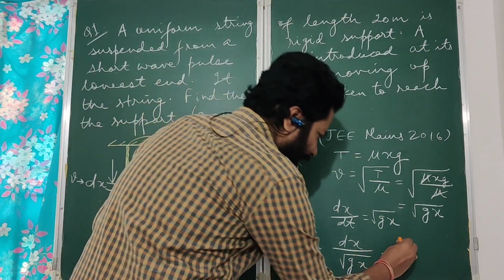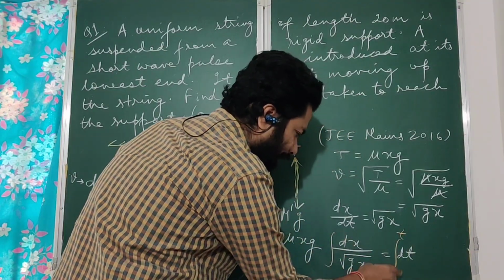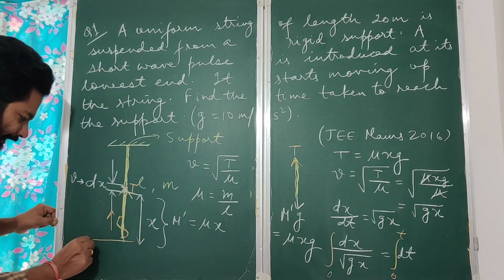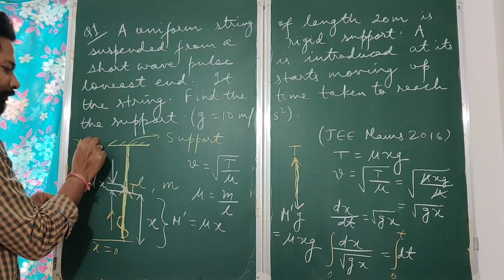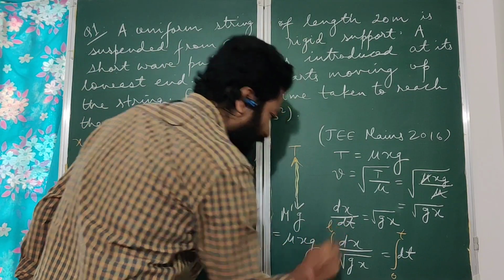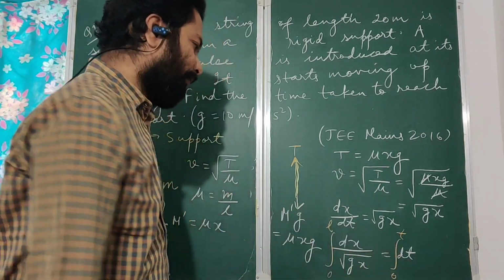Now we can integrate it. At t equal to 0, the position x was 0. This is the position where x is equal to 0, and this is the position where x is equal to L. So here the limit of integration will be 0 to L, and here 0 to t.